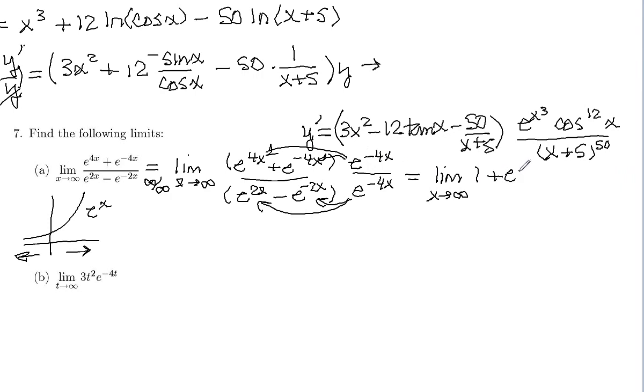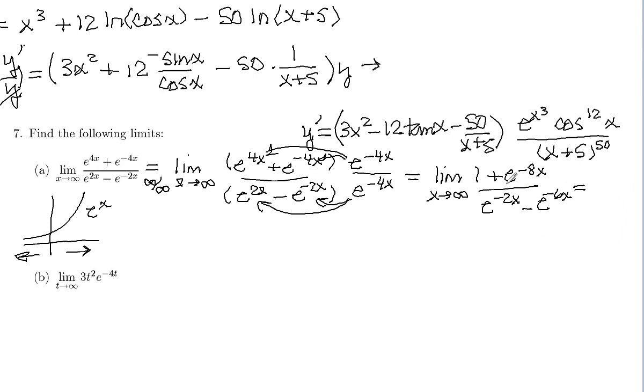So plus e to the negative 8x. And then down on the bottom, e to the negative 4x times e to the 2x, 2x plus negative 4x is going to be e to the negative 2x. And then minus, that's this minus sign. Multiply these two, you add your exponents. Negative 2x and negative 4x is negative 6x.